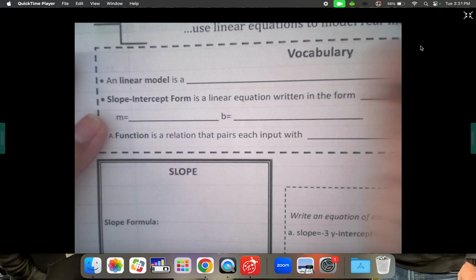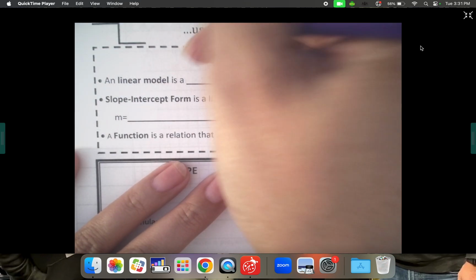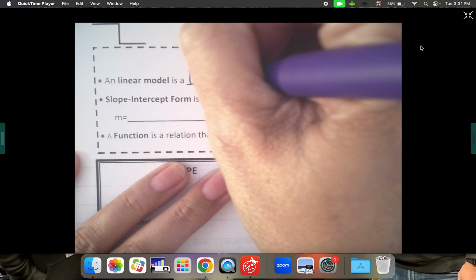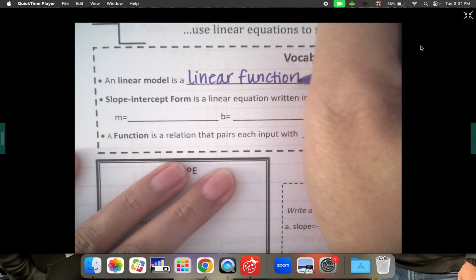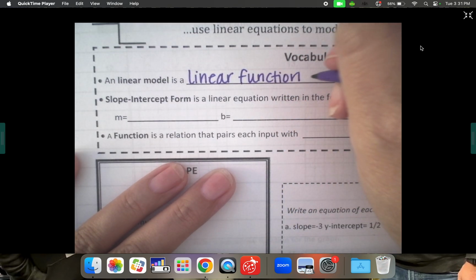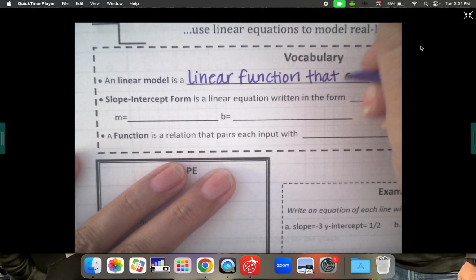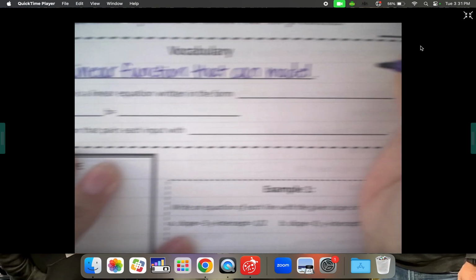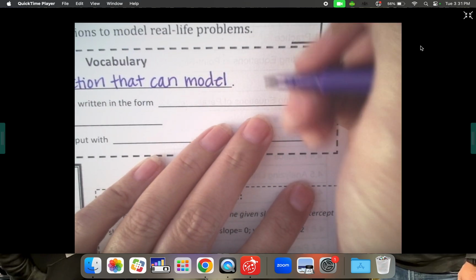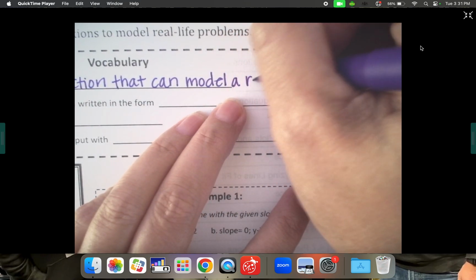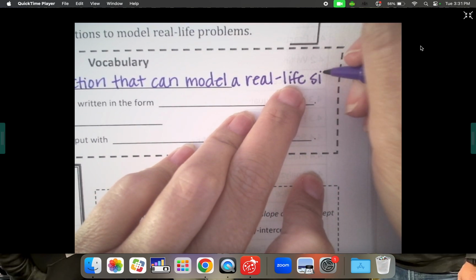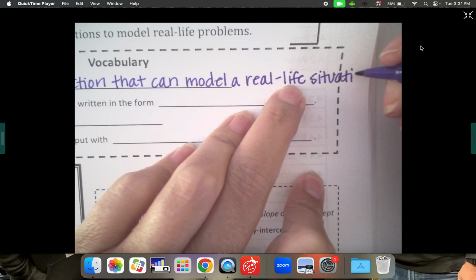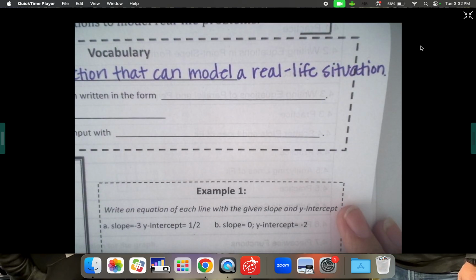Speaking of real life, a linear model is a linear function that can model a real life situation.